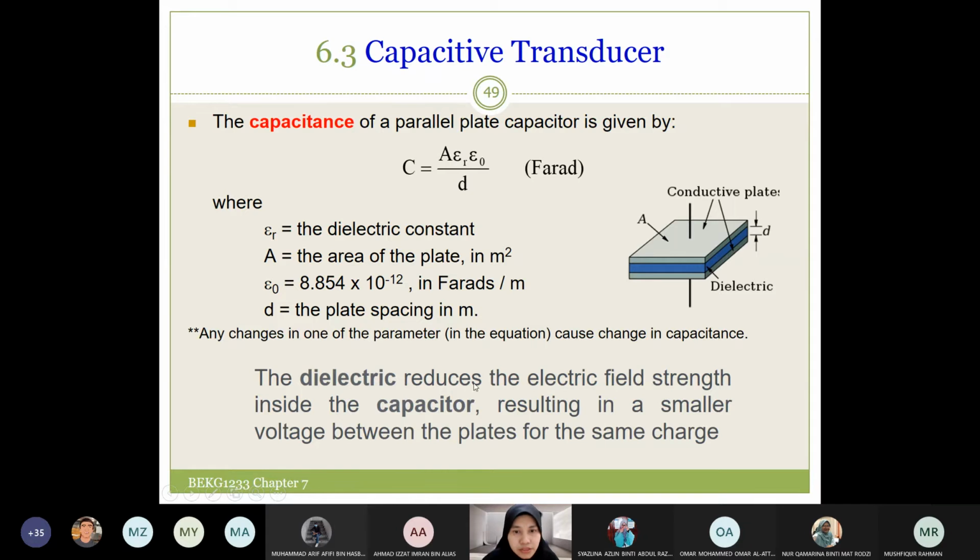The dielectric reduces the electric field strength inside the capacitor, resulting in a smaller voltage between the plates for the same charge.